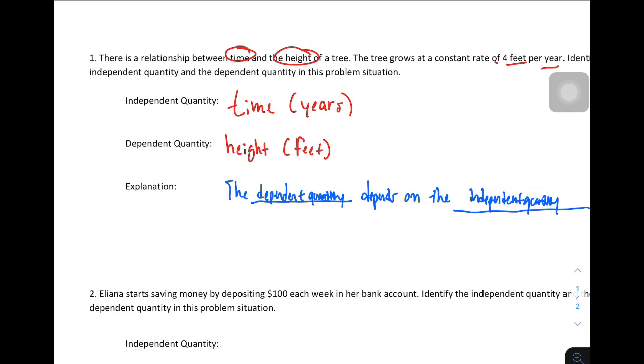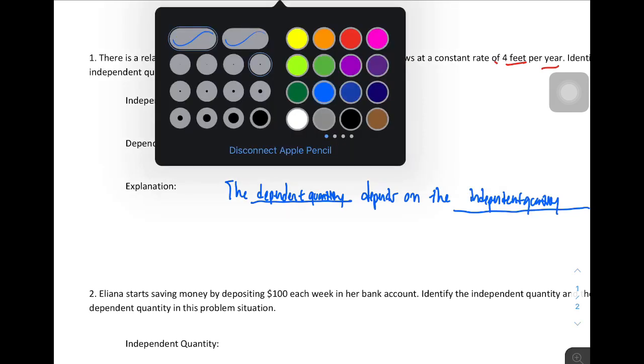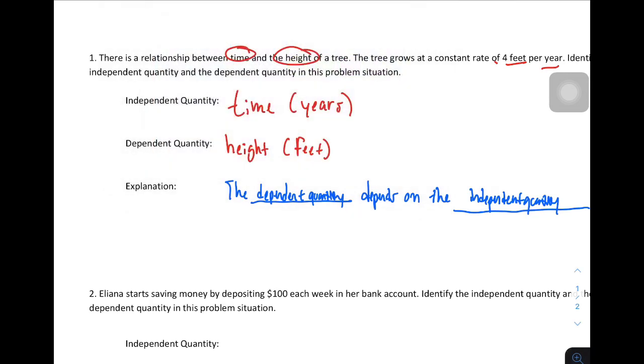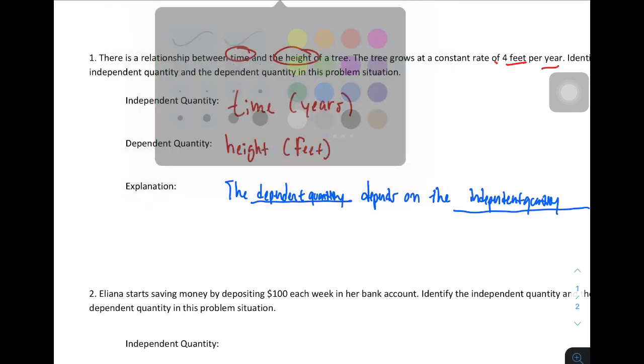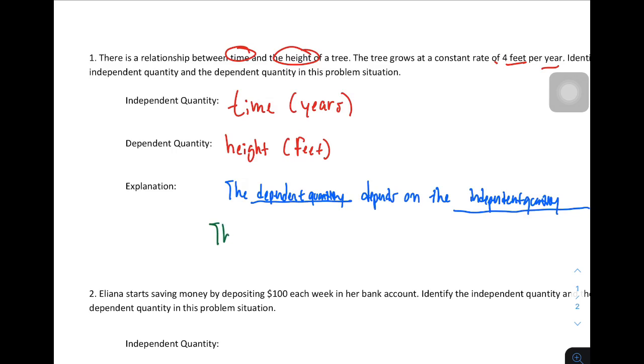Okay, so I know that may not make sense right away, so let's see. I want you to think about this: the height of the tree and time. We said that time is independent and the height is dependent. So if I were to rewrite this sentence, what was our dependent quantity? It's height.